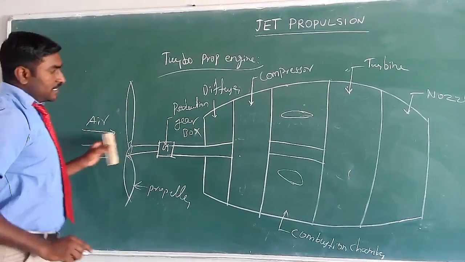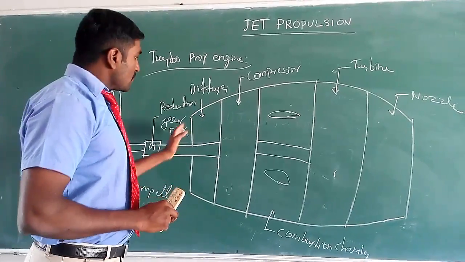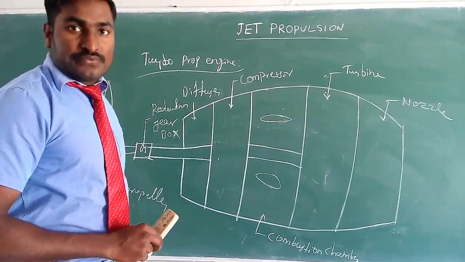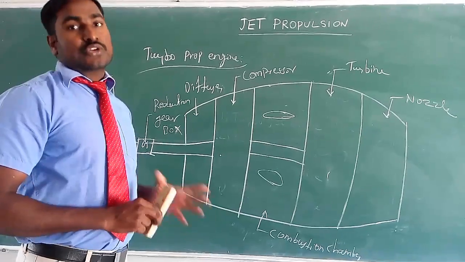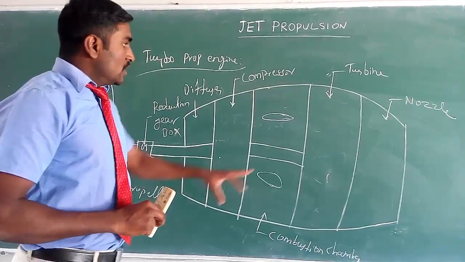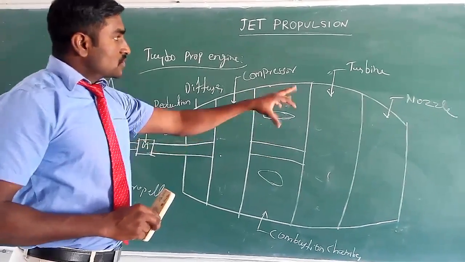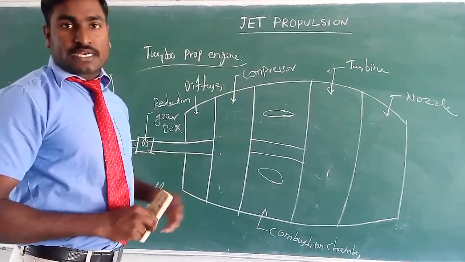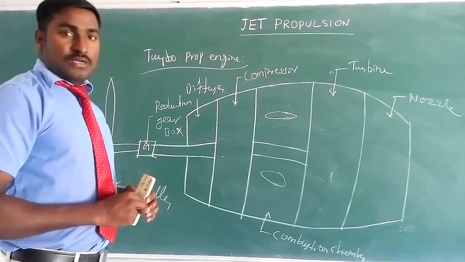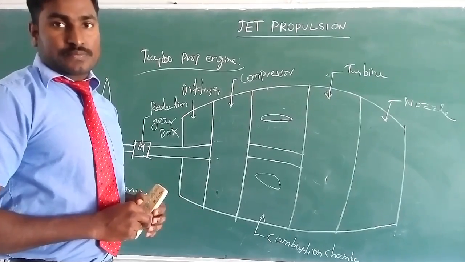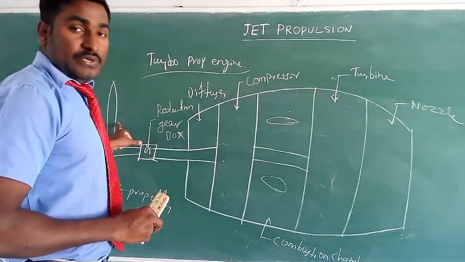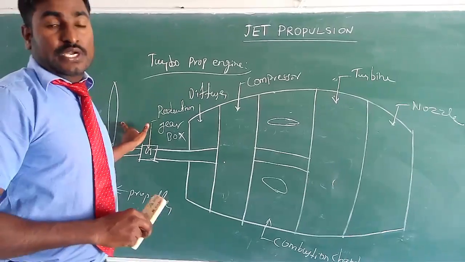First, atmospheric air will enter through the diffuser. The propeller is mainly used to increase the static pressure. The reduction gear is used between the compressor and turbine, which are connected by a shaft. The angular velocity of the shaft is very high, and if you connect it directly with the propeller, it will not work.